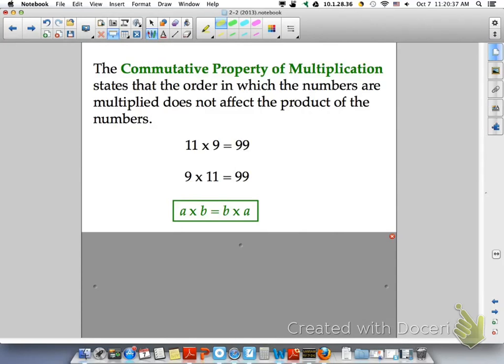They have to use props to illustrate the property. So you will see candies, you'll see an orange starburst plus a green starburst equals a green starburst plus an orange starburst. So you will see things like that.